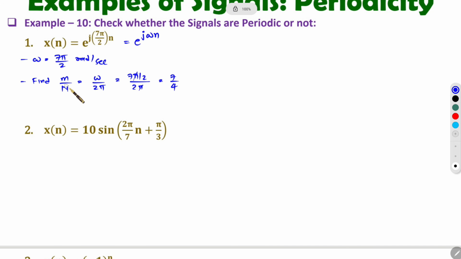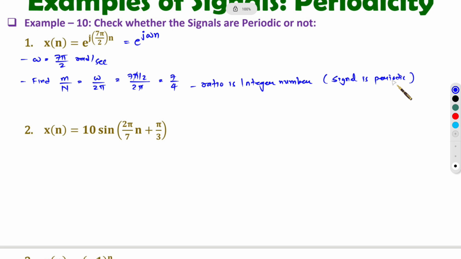If this ratio is integer number ratio, then one can say given signal is periodic signal. So here we have a ratio that is m by N, that is omega by 2 pi. Here it is integer number ratio, means given signal is periodic signal.